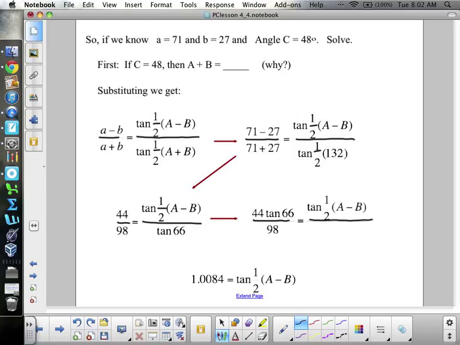All right? Angle C is 48. So if I know angle C is 48, what is the sum of angle A and B? I don't know A or B individually, but I know their sum must be... I'm still up here.